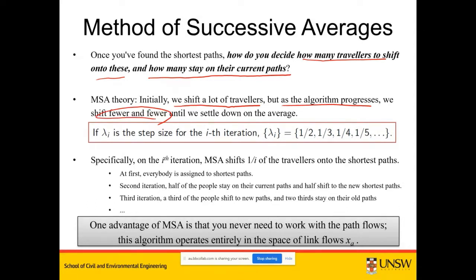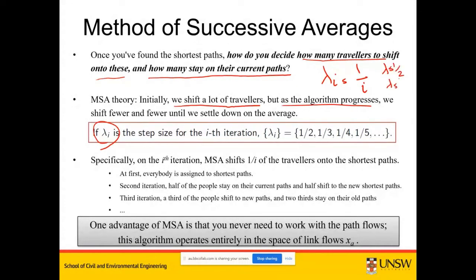The lambda value that we're going to use is basically 1 over the iteration number. So this lambda i would be 1 over the iteration number. At iteration 1, lambda is 1, which means you do an all-or-nothing assignment. At iteration 2, lambda would be 1 over 2.